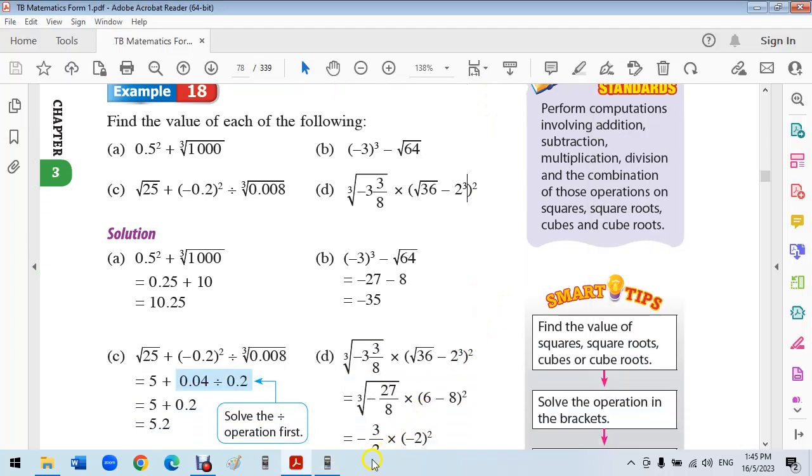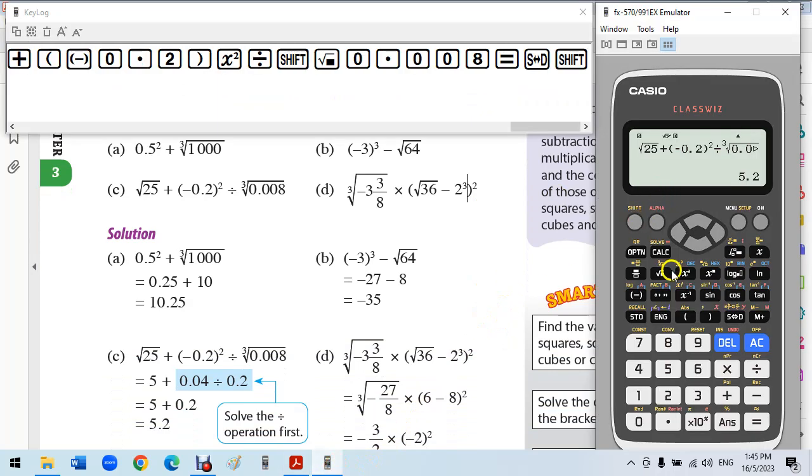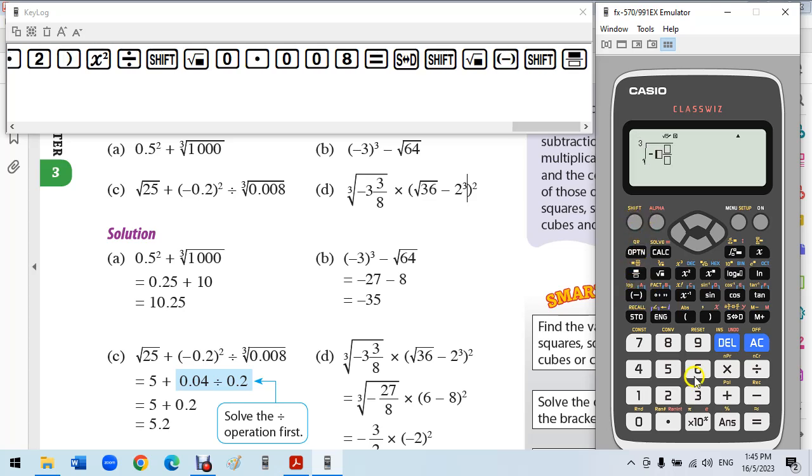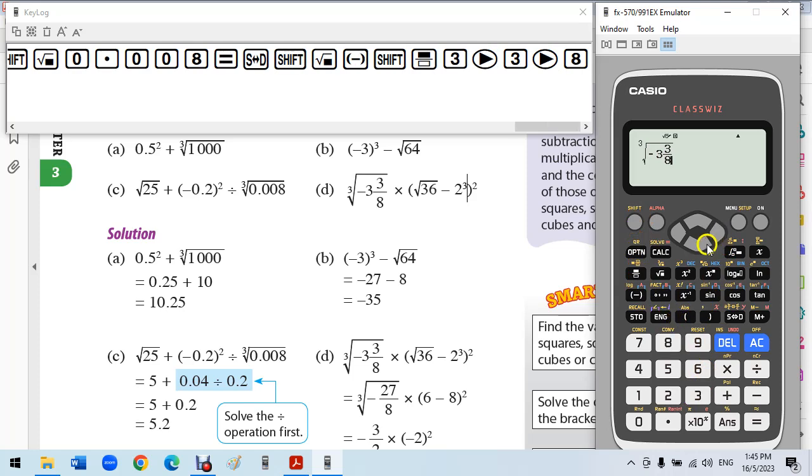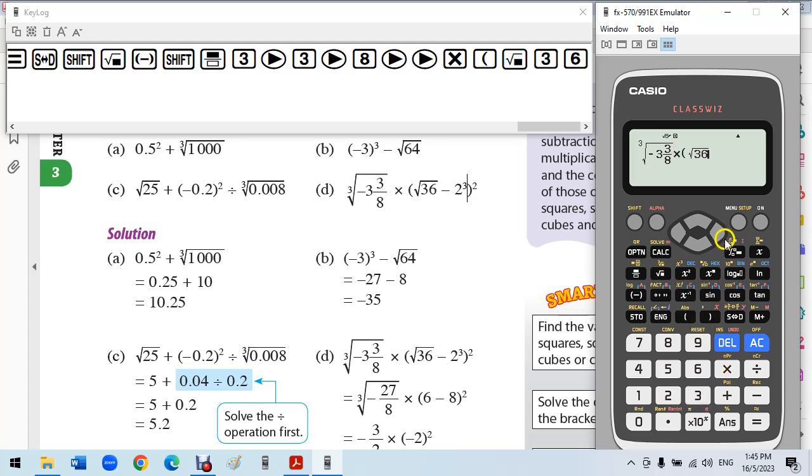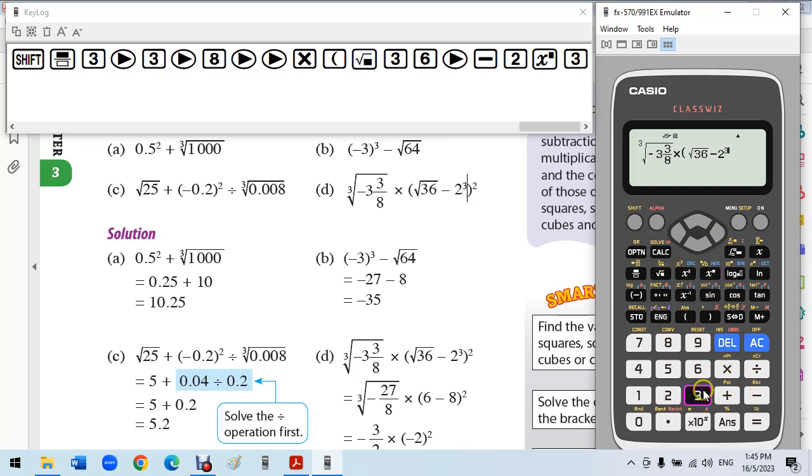Okay, and this one is cube root of negative 3 and 3 over 8 multiplied with square root of 36 minus 2 to the power of 3 square.